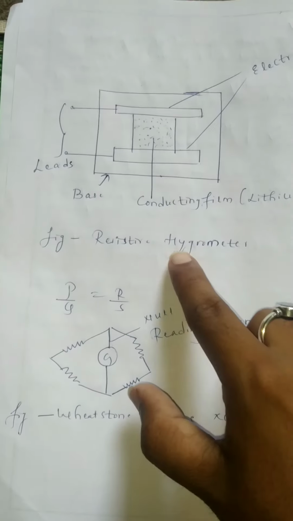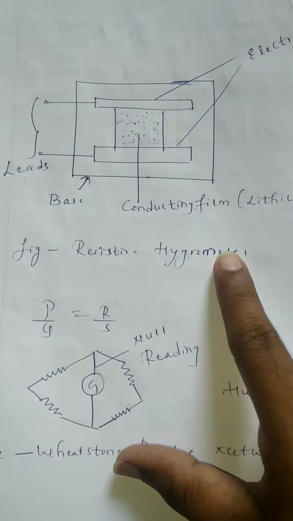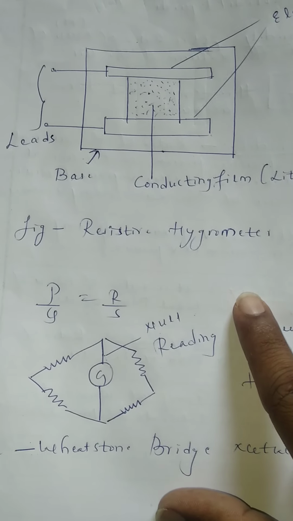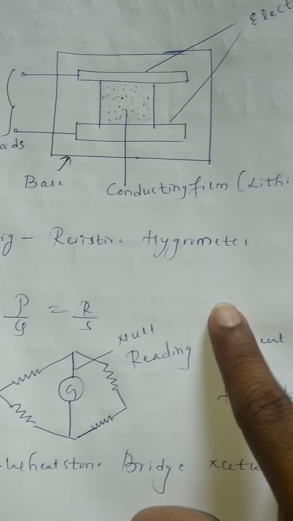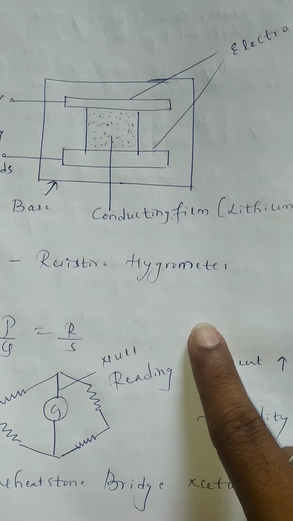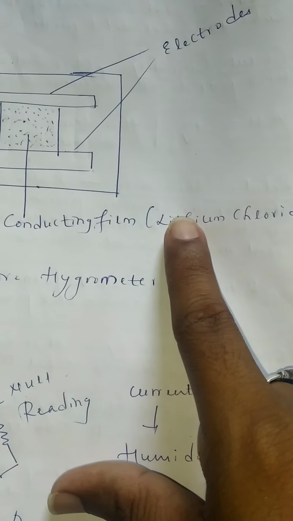This is the diagrammatic representation of the resistive hygrometer. By using this diagram, we will discuss the construction and working of the resistive hygrometer. First of all, a resistive hygrometer measures the humidity by the change in resistivity using a hygroscopic salt such as lithium chloride.